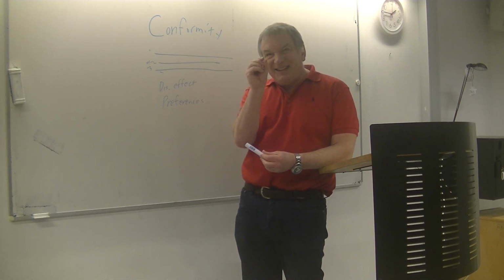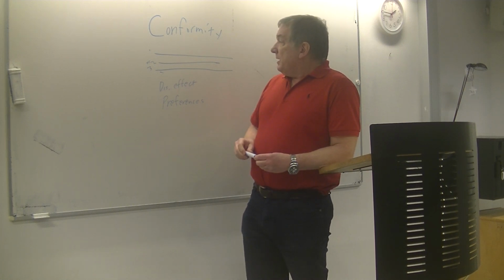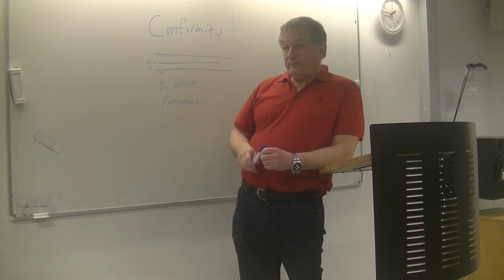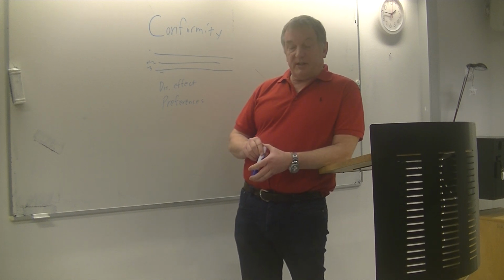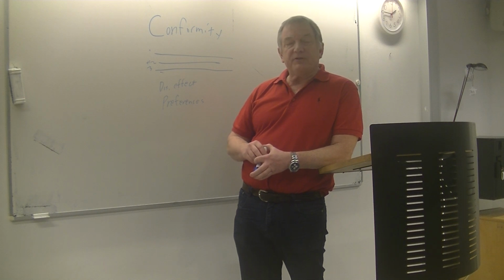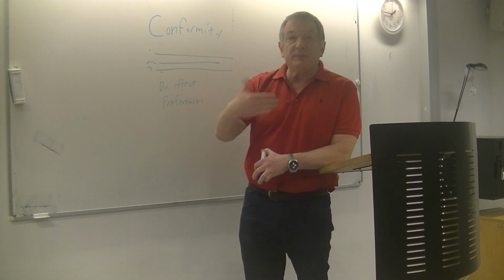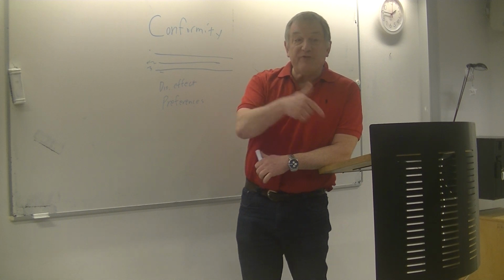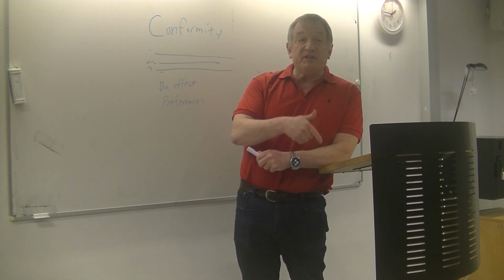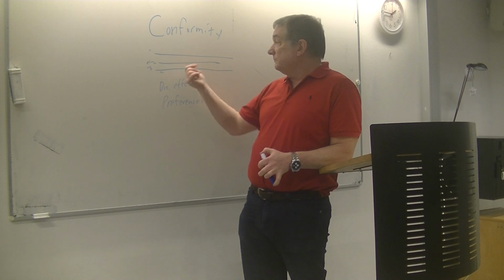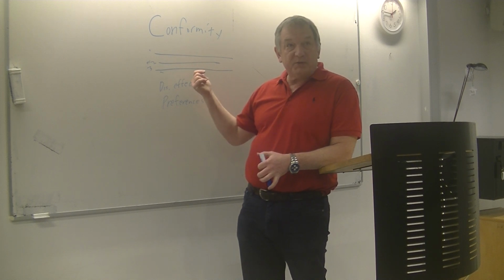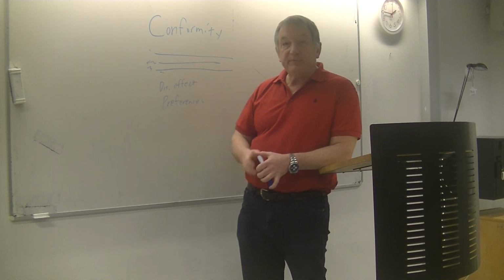It's not just an itty bit shorter, but it's noticeably shorter. And what Asch did was he wanted to see what would happen if there's lots of people who have a certain opinion, how that would affect the way that another person would express an answer as to whether these were the same length or not.